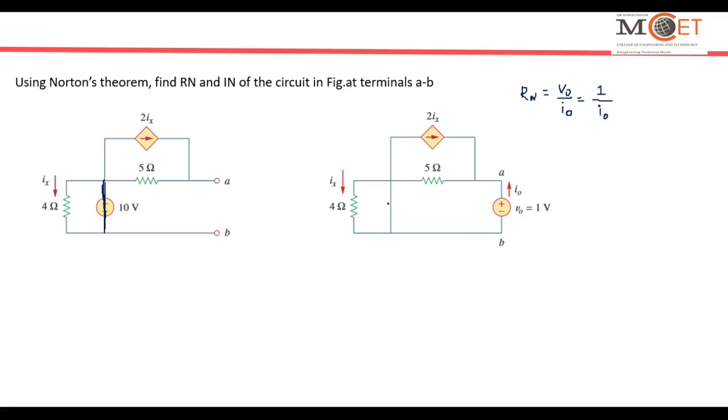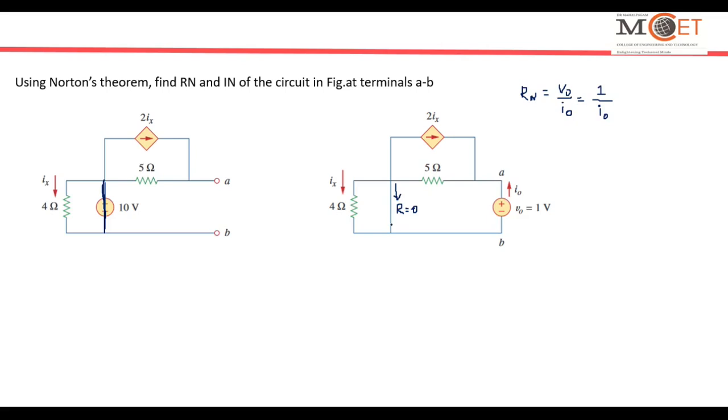Look at this. This is a short, so the resistance here will be equal to 0. All the current will be flowing through this path only, because it is the short circuit path. There will not be any current flowing through this 4 ohm resistor, because the higher the resistance, the lesser the current, and the lesser the resistance, the higher the current.